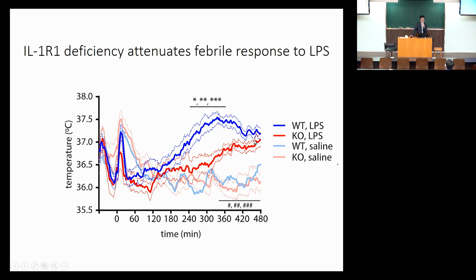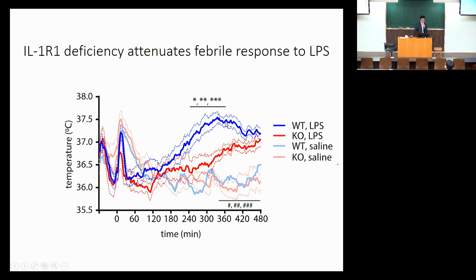Using this system, I measured the body temperature after LPS injection and compared it between wild-type animals and knockout animals. The blue line is wild type. When you inject LPS here, after maybe 3 to 5 hours, the body temperature increases. They have fever, with a peak here.